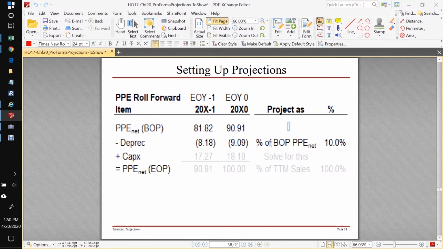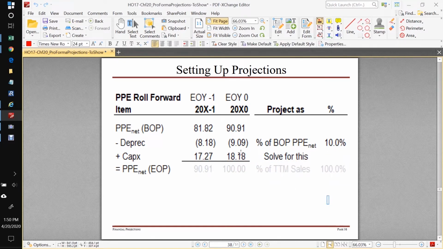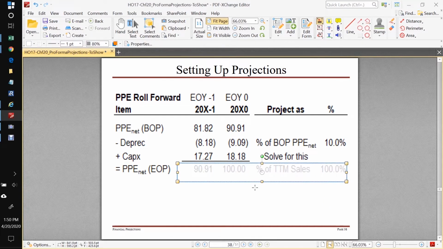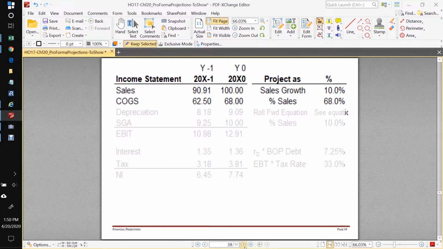So in terms of depreciation, we know average 10-year life, so depreciation is going to be 10% of beginning of period net PPE. In this case, we don't know the target CapEx, but we're going to know everything else because the CFO feels like they have to wind up with net PPE equal to about 100% of TTM sales. So knowing that, knowing the PPE net they started with, knowing the depreciation, we can always solve for the CapEx.